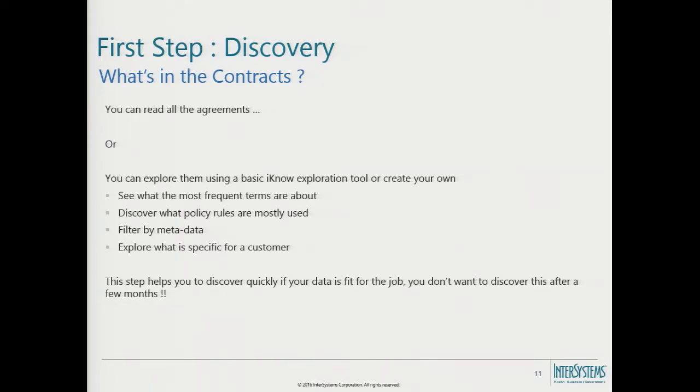For example, what are the most frequent concepts that are used in those financial documents? What are the relations that are used with it? What are all the other concepts that are used, for example, around trade and queries like that? So I will give you some examples about that.